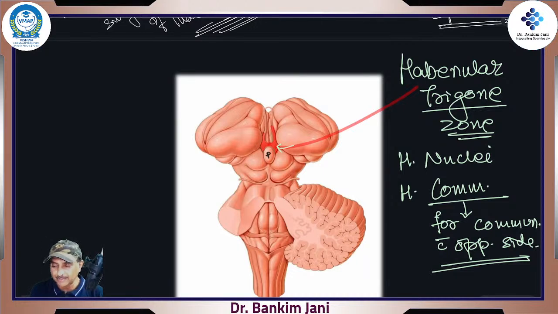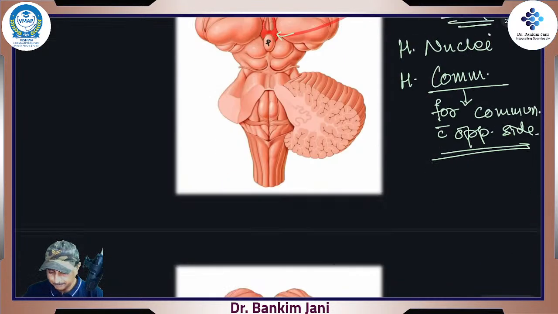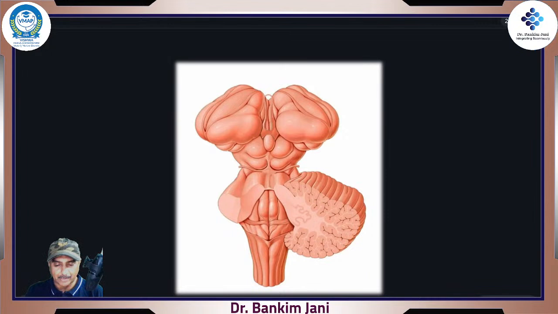This would be the destination for the stria medullaris, which is coming all the way from the anterior aspect, from the anterior commissure and the hypothalamus. Fine. This is the pineal gland, right? You now know it well.